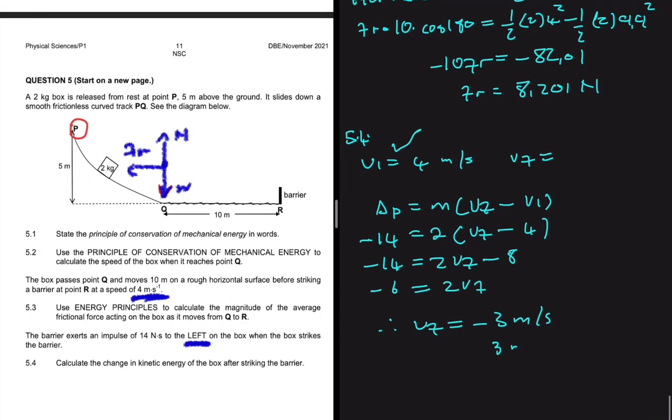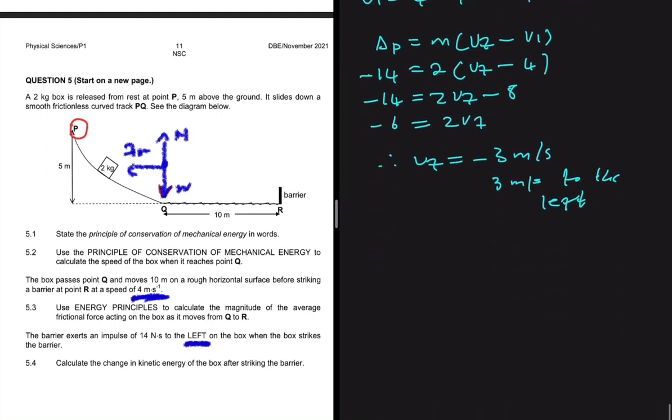So that is 3 meters per second to the left. So let's go ahead and find the change in kinetic energy. We know fully well that it is going to be equals to a half mvf squared minus a half mvi squared.